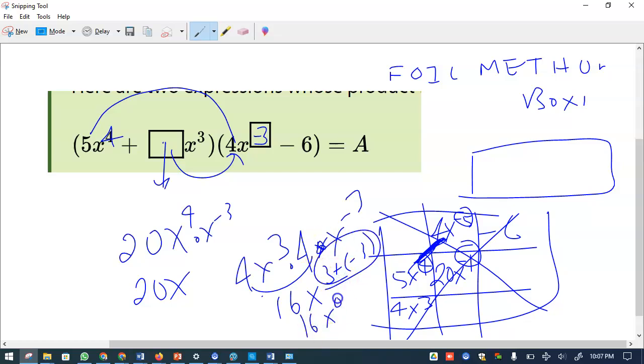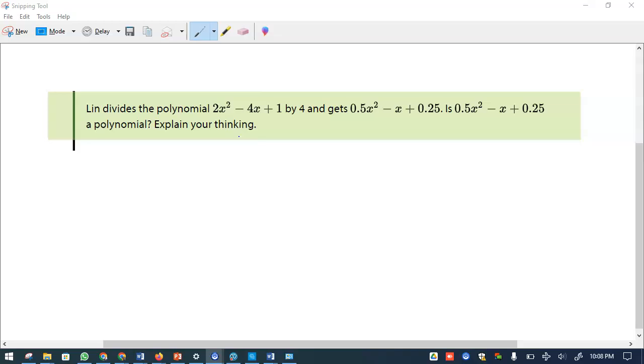So 16x raised to 0 is 16 times 1, which is 16. So there's no issue out of it. So that's why I'm saying this has to be -3. So take note of that.